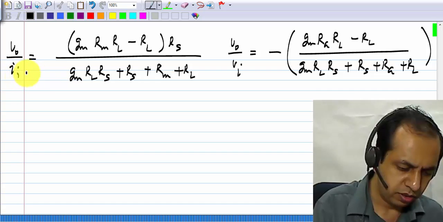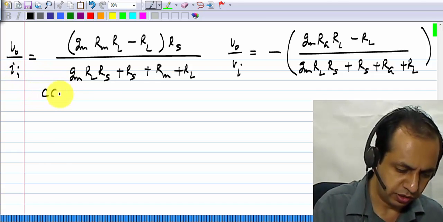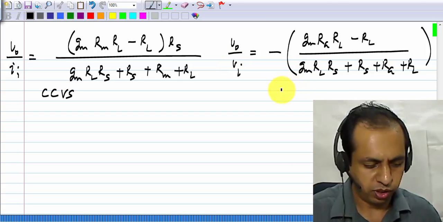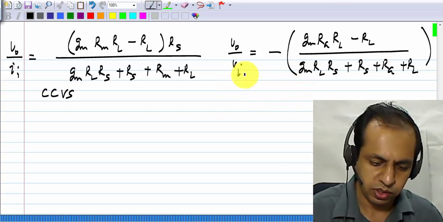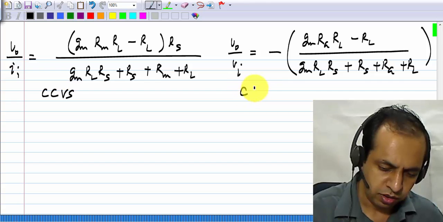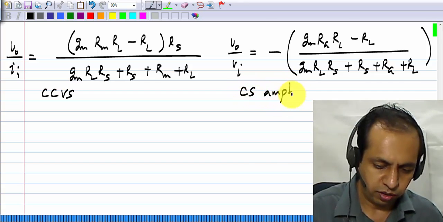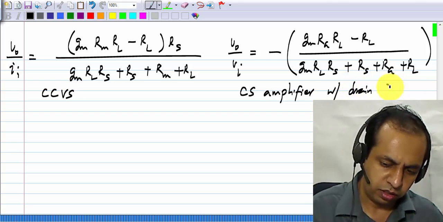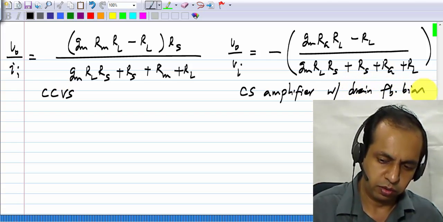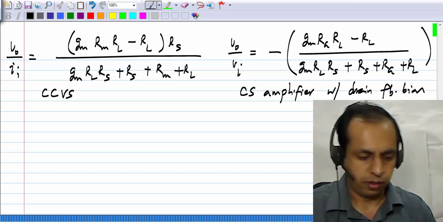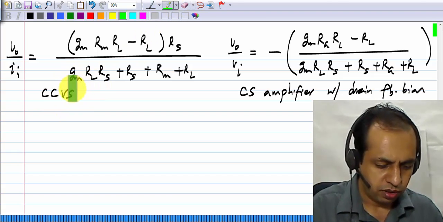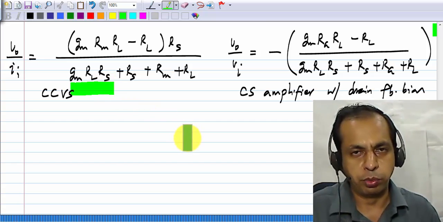So let's look at these two expressions. This is the gain, or ratio of output voltage to input current, for the current controlled voltage source, and this was the gain of the common source amplifier with drain feedback bias. In this case, we want this particular term to be the dominant one.